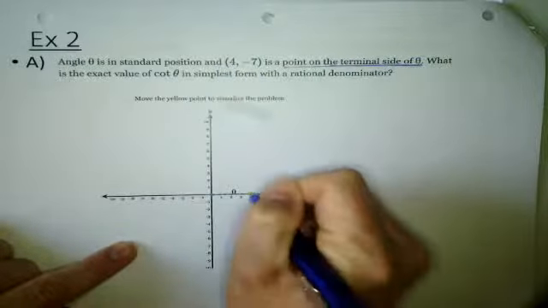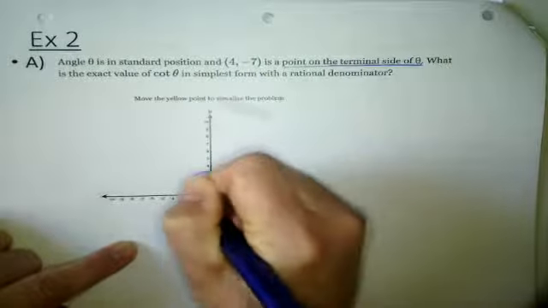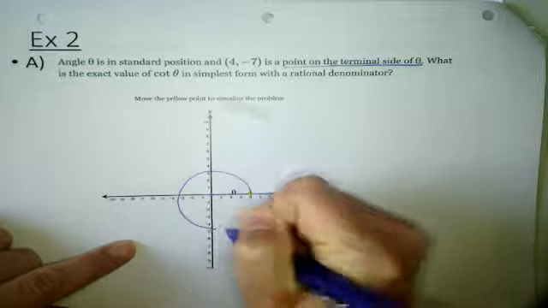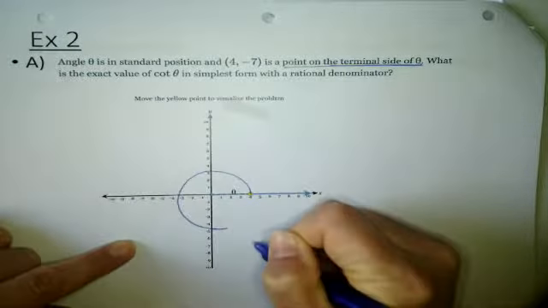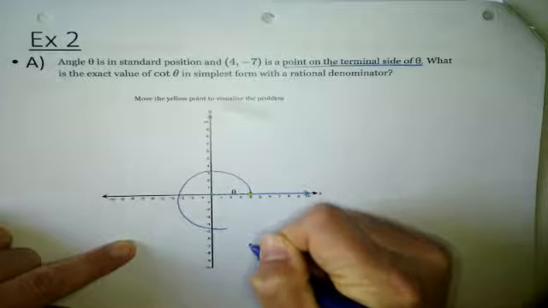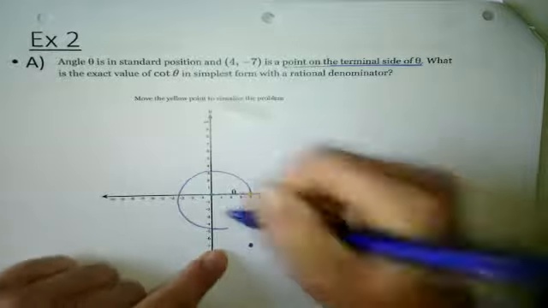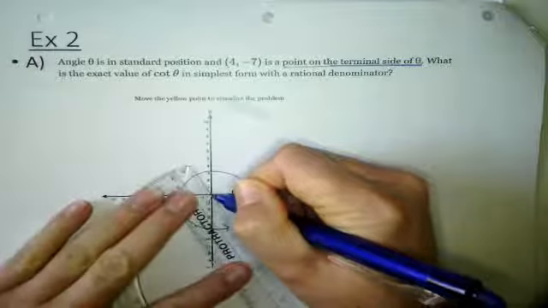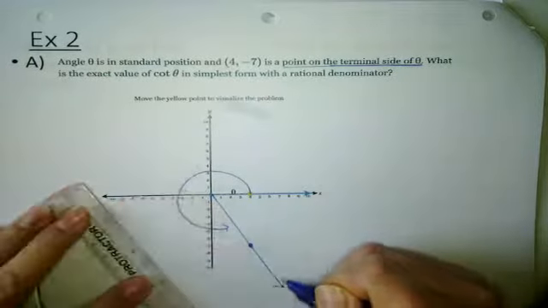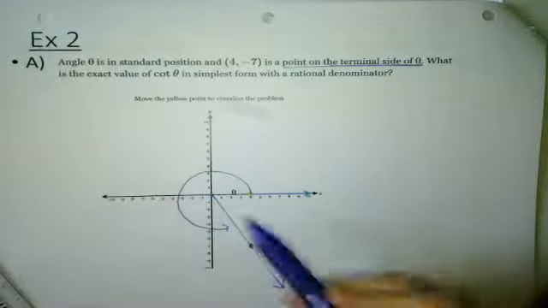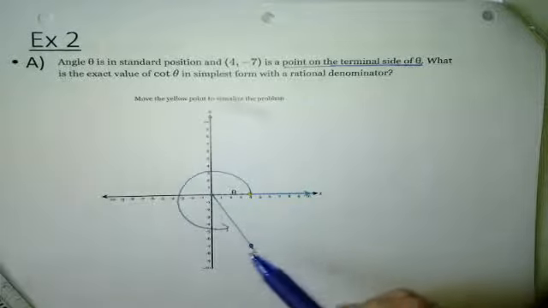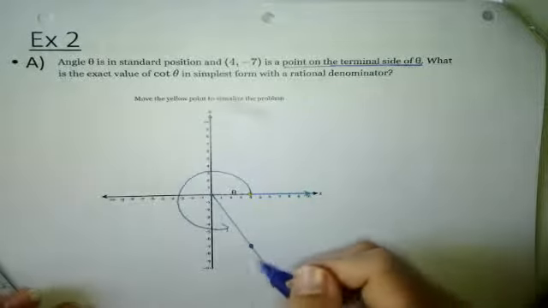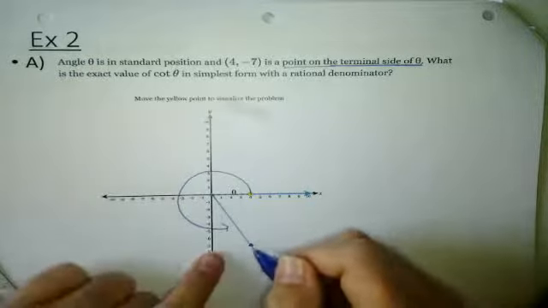So that means we're going to open up angle theta all the way around to (4, -7), which is right here. So that's the point (4, -7). And that's a point on the terminal side. So I get to draw my terminal side. So that's the angle. It opens all the way around and passes through that point (4, -7).